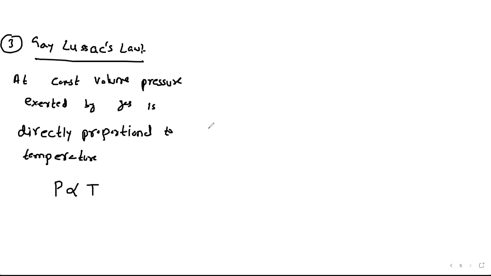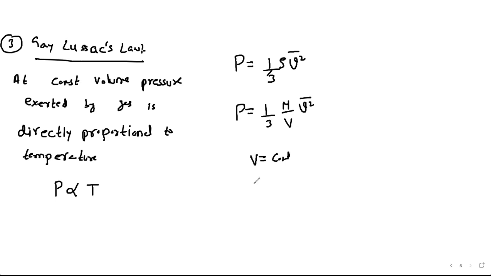This you have to prove. Again, to prove this, you can use kinetic theory. It's 1 by 3 rho v square bar. You can say that your pressure is 1 by 3 into m by V into v square bar. Now, since volume is constant, you can say that pressure is directly proportional to v square bar.